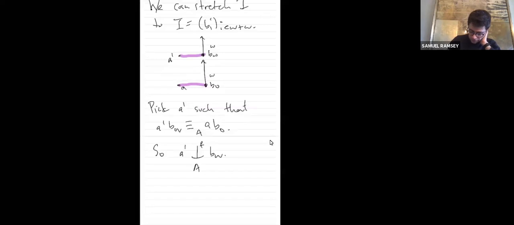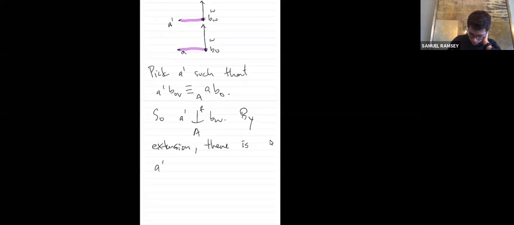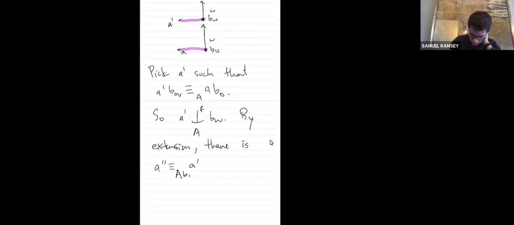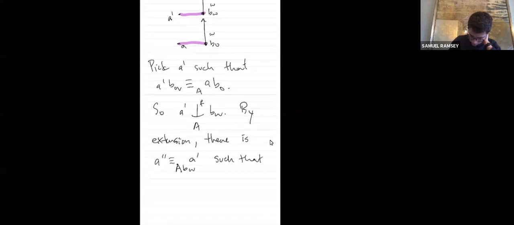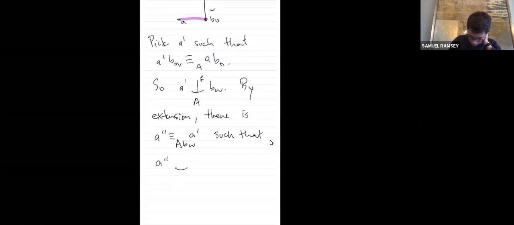So by extension, there is A prime prime, which has the same type as A prime over B omega, such that A prime prime is independent, not just with B omega, but actually with B less than or equal to omega.